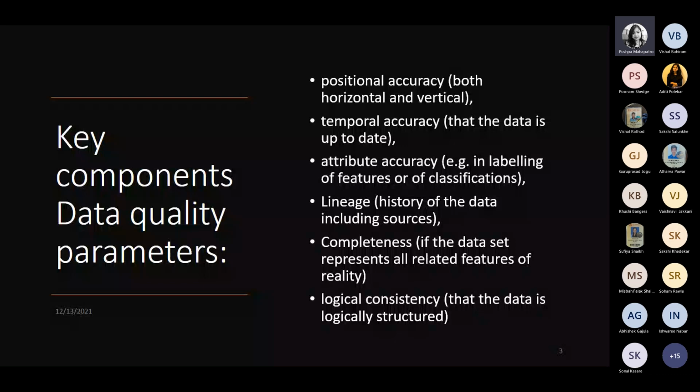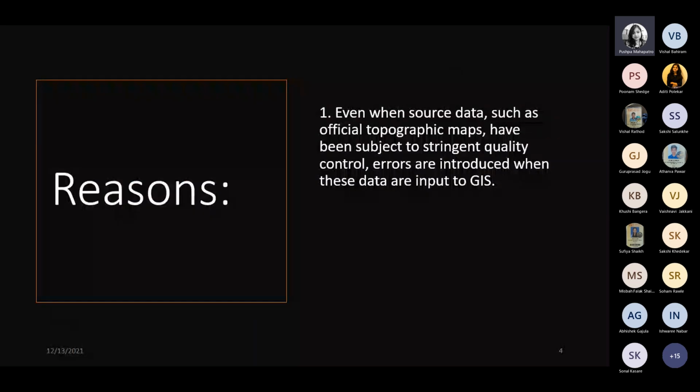So data accuracy. Then what are the reasons that these may go wrong? First of all, the sources, such as when we take the data from official sources like your map. You know that the Geological Survey of India is a government department that is continuously collecting the data. In the same way, ESRI is continuously working on the GIS data of the whole world.